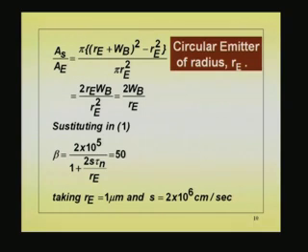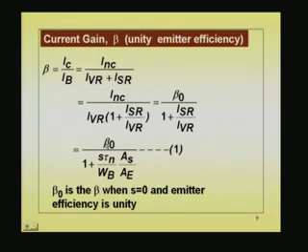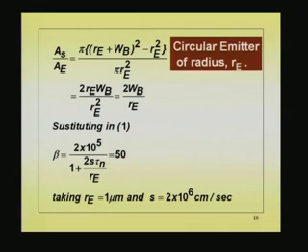Now, let us put that number into that. Beta is beta naught divided by S tau by W, substituting in the one equation. In fact, you have just now seen AS by AE is equal to 2W by RE.